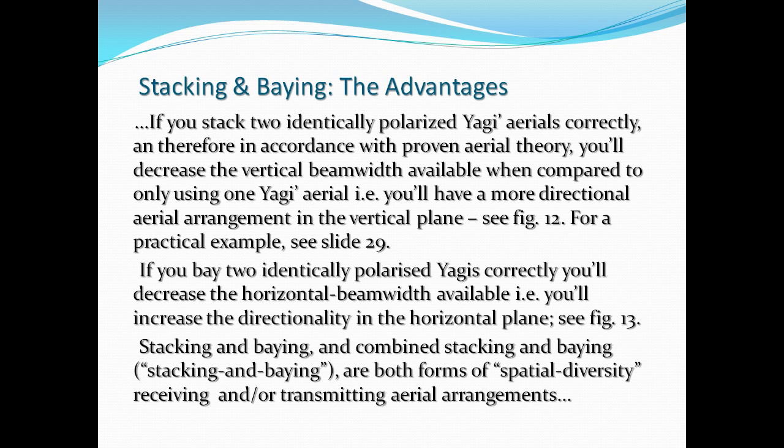If you bay two identically polarized Yagis correctly, you'll decrease the horizontal beam width available. That is to say, you'll increase the directionality in the horizontal plane. See Figure 13. Stacking and baying and combined stacking and baying are both forms of spatial diversity, receiving and/or transmitting aerial arrangements.